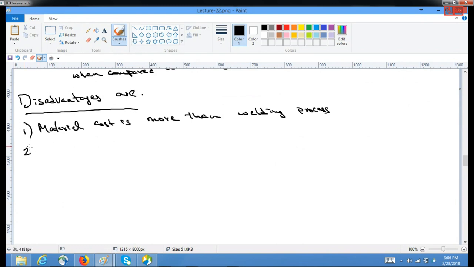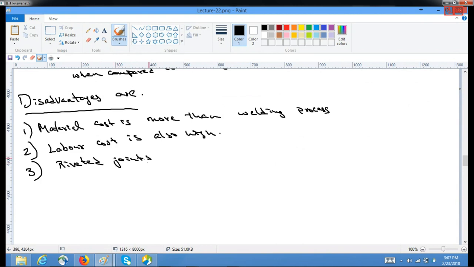Second, labor cost is also high. Next, riveted joints have more weight than welded assemblies.